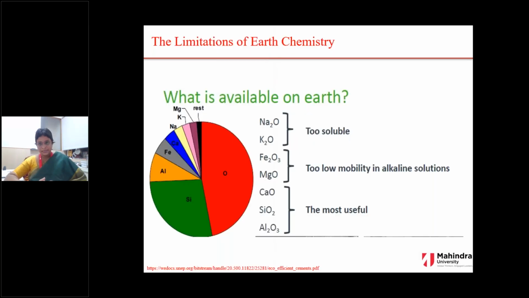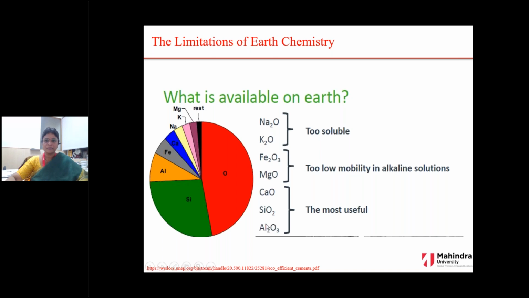Now coming to LC3, or rather coming to concrete, as we just looked into, concrete has become one of the go-to materials, and it has not become that way just by chance. If you look at the availability of materials on the earth, these are the 8 key elements which are available.